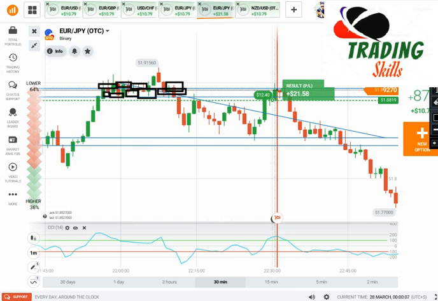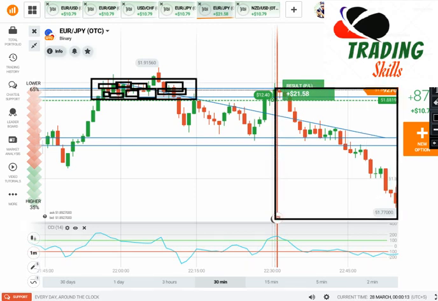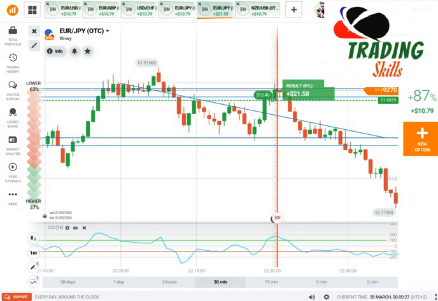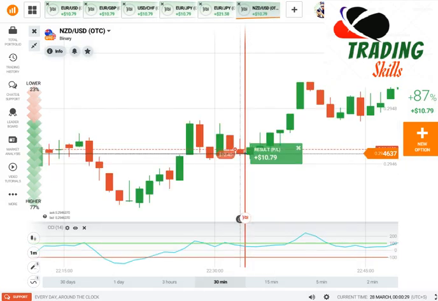So this area is a strong SNR. Therefore the market went down, and now you can see the market is still going down from this zone, and the market is giving you a pullback because of this reversal area which I have drawn already here. In this way you can analyze the market.